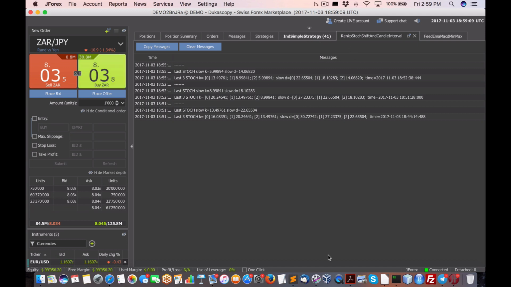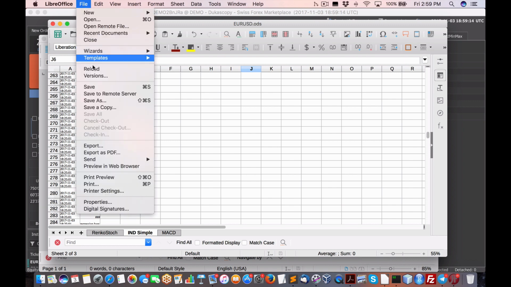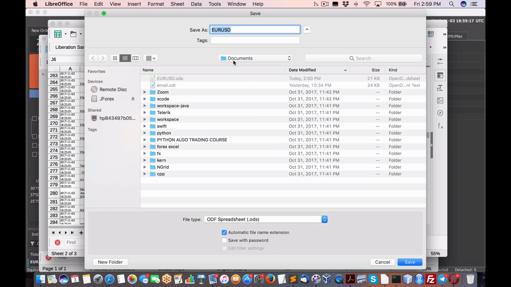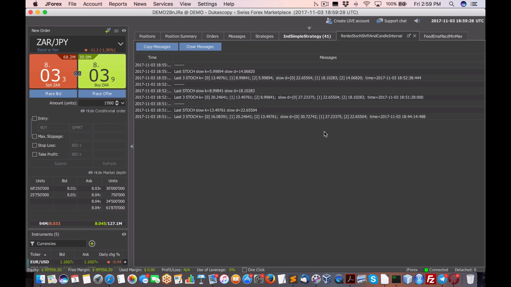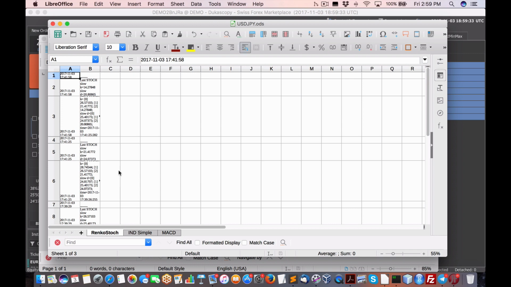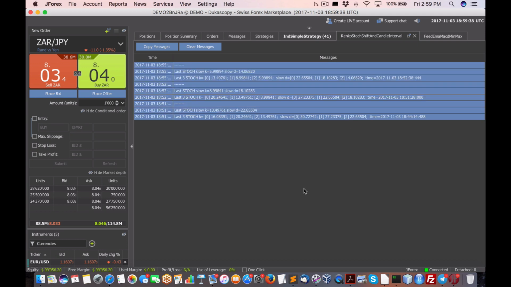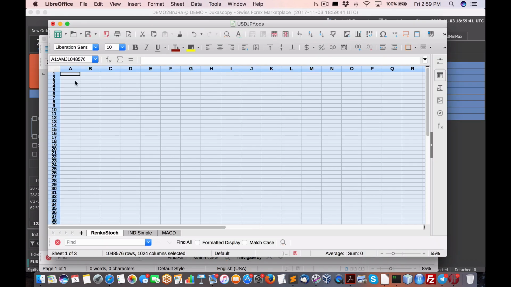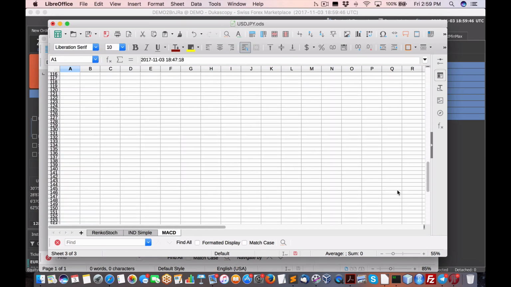So just give me a second here while I make a new spreadsheet. Let me just rename this to US dollar, Japanese yen. Okay, so now I'm going to copy in the same info as before and just copy the stochastic stuff. Put that into this one. And hopefully we get enough analysis. Okay, so the MACD.